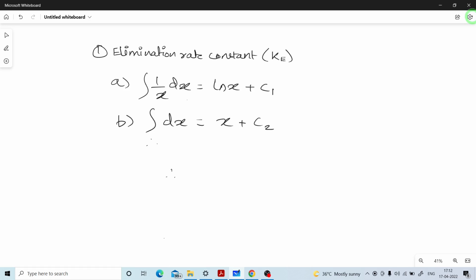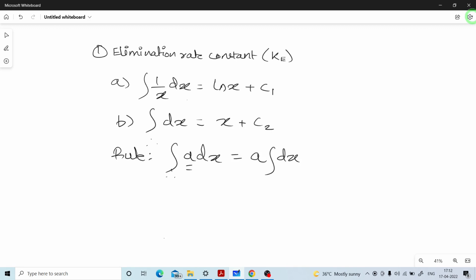The rule which you have to remember over here is that you cannot integrate a constant. For example, suppose you are integrating a dx over here and this a is a constant, then you cannot integrate a. You have to take it outside the integration sign. So integration a dx will always be written as a times integration dx.